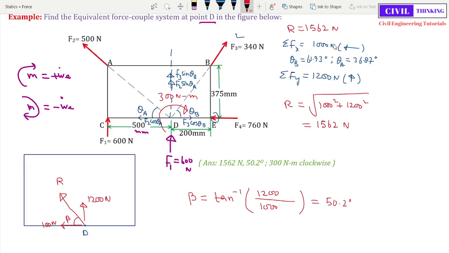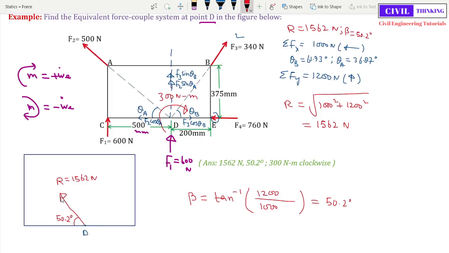So this beta is equal to 50.2 degrees. We can erase everything here and just write this resultant, which is 1562 Newton, and it is making an angle of 50.2 degrees. Now we have to find the equivalent force couple system at D.